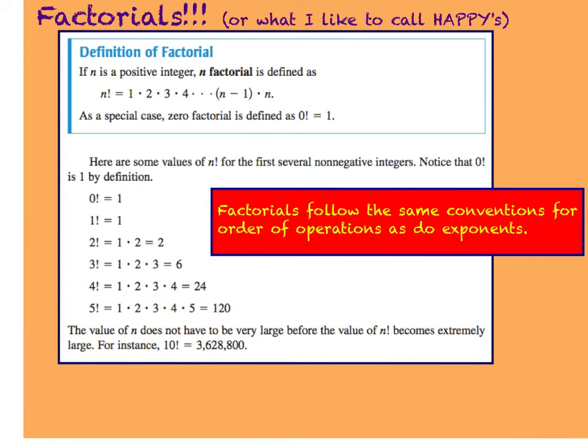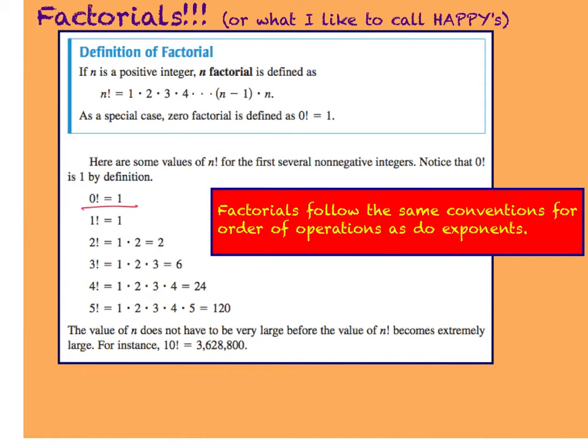One thing that you should notice on this is 0 factorial is 1. Make sure you write that one down. 0 factorial is still 1. And honestly, that should kind of tick you off a little bit. However, it's because it's an empty subset, it's still 1.